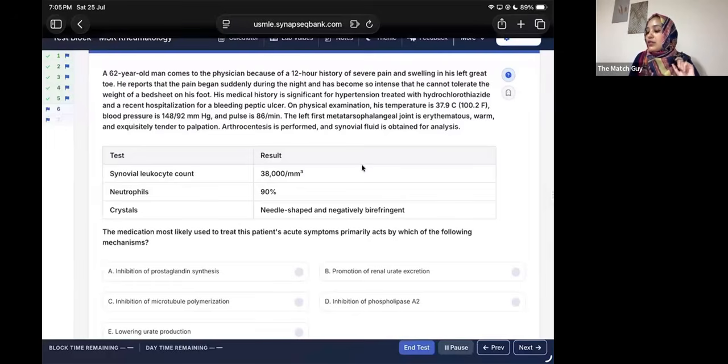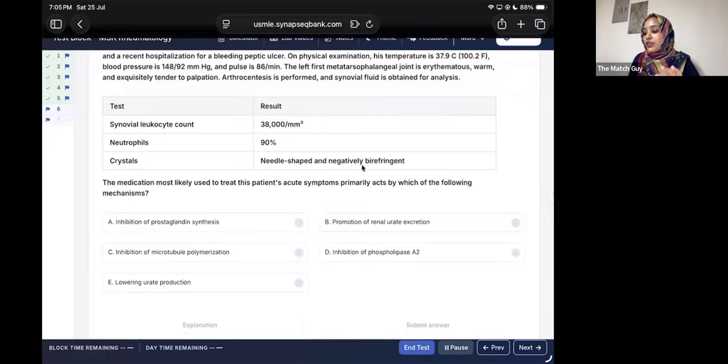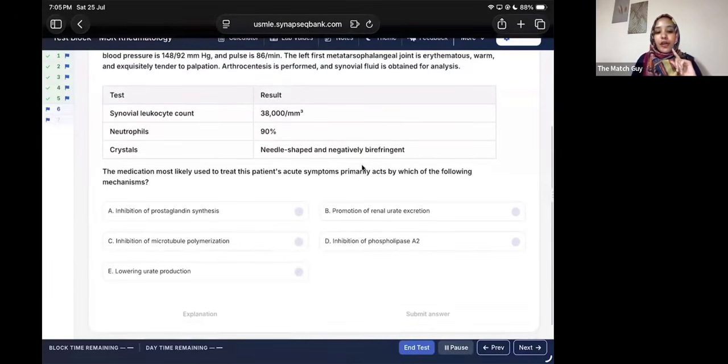Vital signs are fine. The left first metatarsophalangeal joint is erythematous, warm and exquisitely tender to palpation. Arthrocentesis is done and the synovial fluid is obtained for analysis: 38,000 cells, neutrophils predominant. Crystals are needle-shaped with negative birefringence.